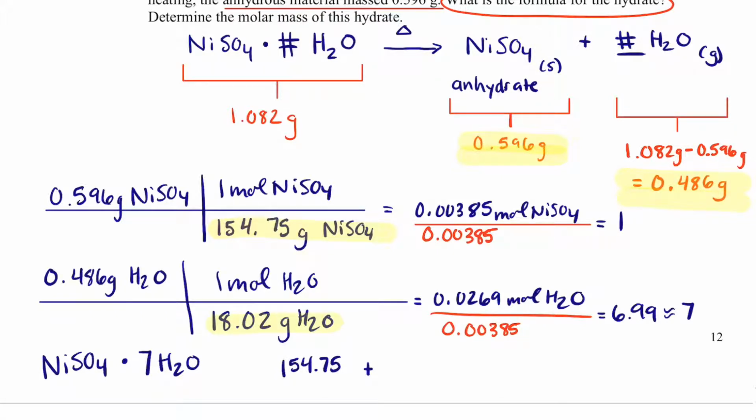Water is 18.02, but I have 7 waters, and so let me plug that into my calculator. And I get 280.89 grams per mole, and that question is done. Okay, so let's move on to one more.